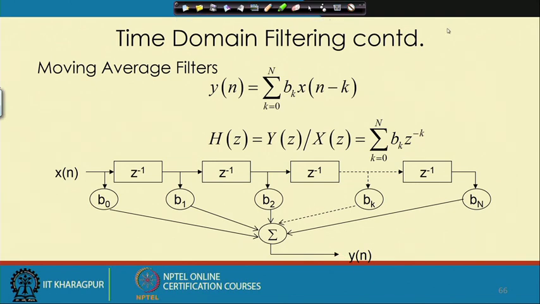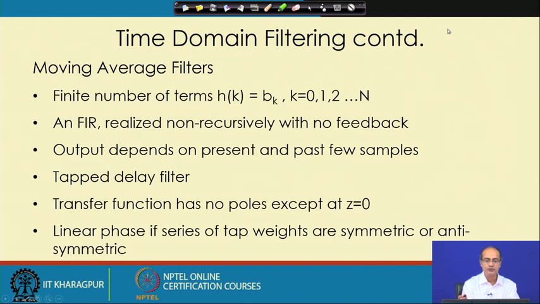Now let us look at the forms and what we need. First of all, we need a finite number of terms, that is, the impulse response h[k] is nothing but these b_k, from 0 to n.